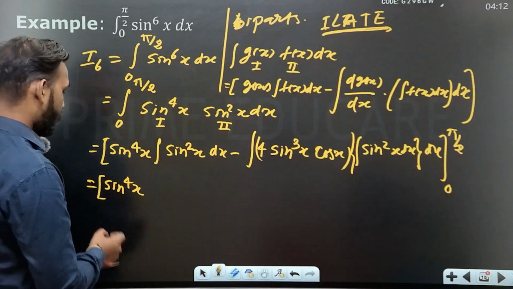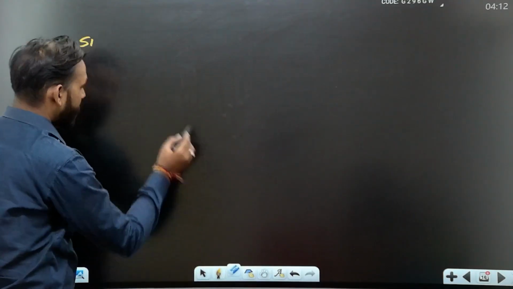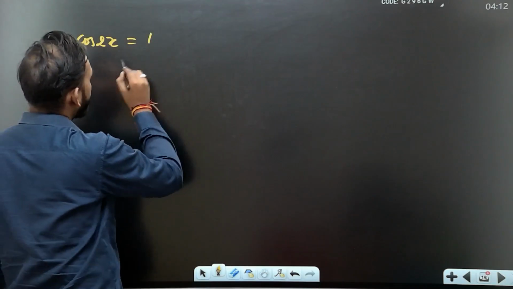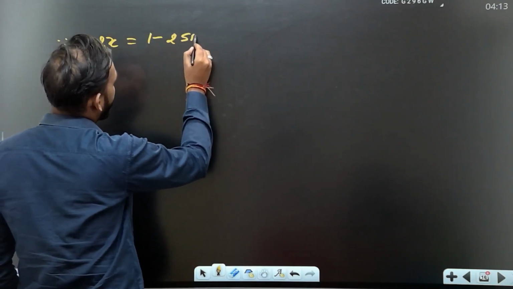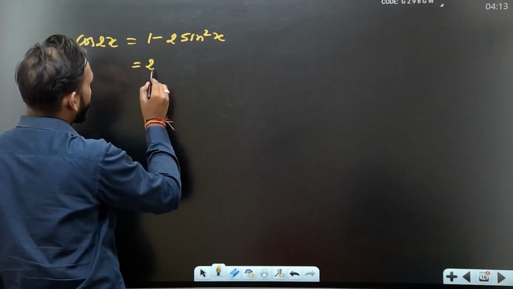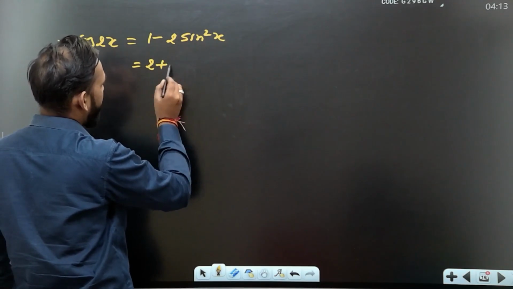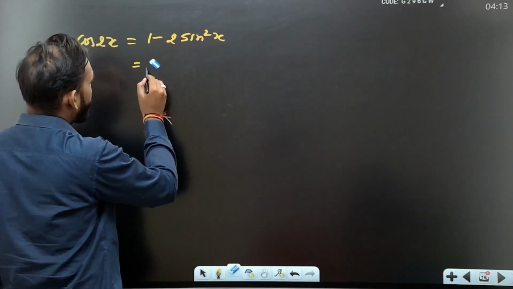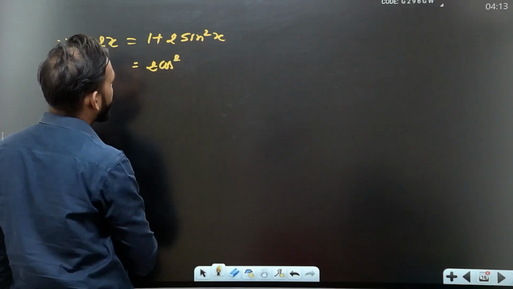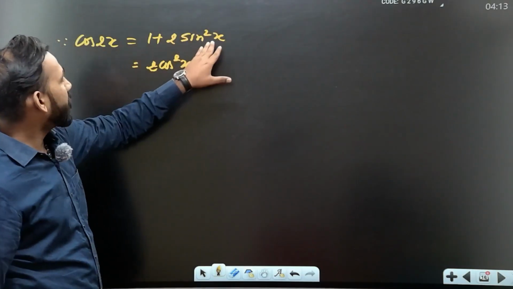We know the formula of cos 2x: cos 2x is equal to 1 minus 2 sine square x, and cos 2x is also 2 cos square x minus 1. We use these formulas.